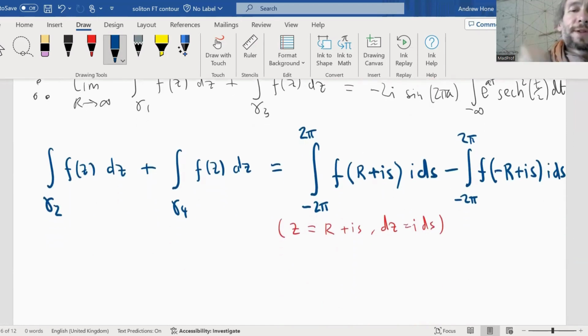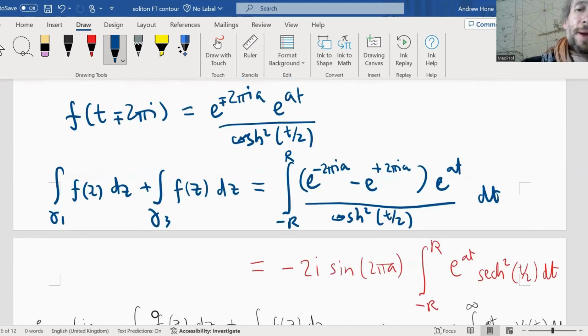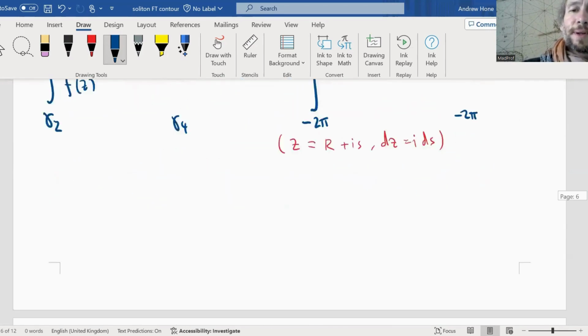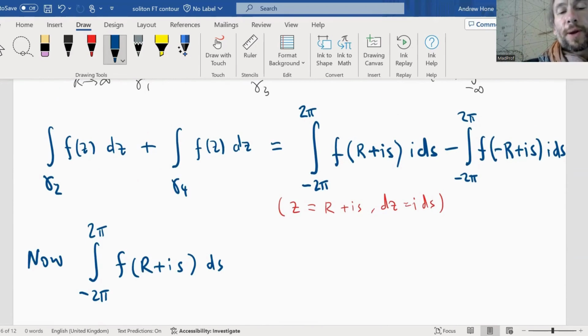So let's just have a look at this one, which is the integral along that from the integral on gamma 2 up to a factor of I, which is not important. What I want to show, in fact, is that this integral here and also this other integral for gamma 4 both tend to 0 as R tends to infinity.